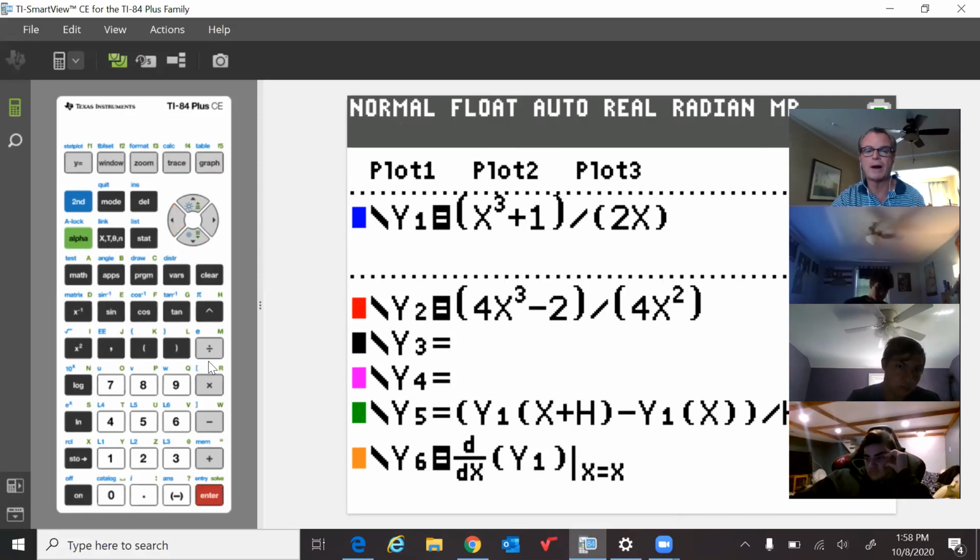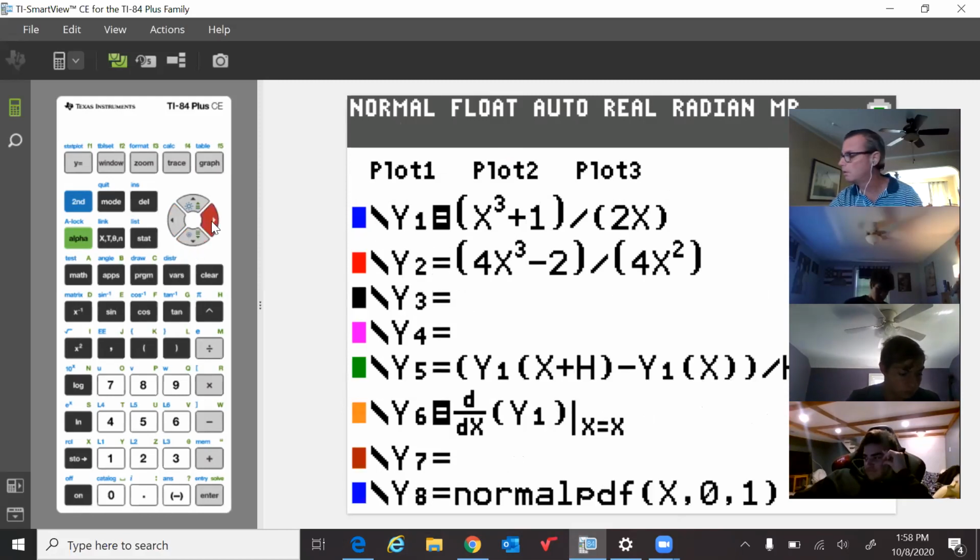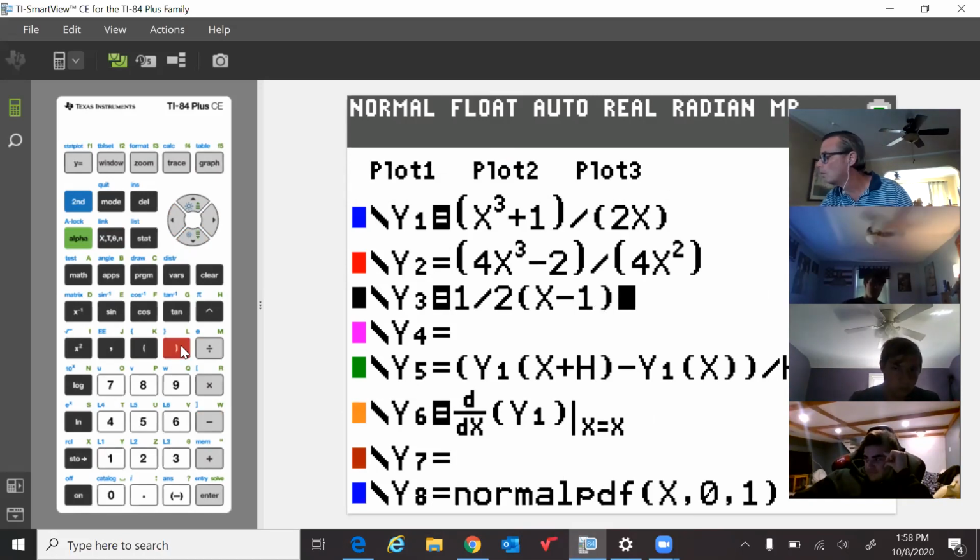I'll turn on the parent graph. Now I'll put in the tangent line, which is 1/2 x take away 1, right? I moved it 1 to the right, up 1.